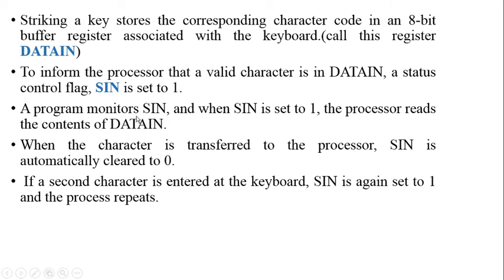A program continuously monitors this status SIN flag, and when SIN is set to 1, the processor reads the content of data in. When the character is transferred to the processor, SIN is automatically cleared to 0. If a second character is entered at the keyboard, SIN is again set to 1 and the process repeats.